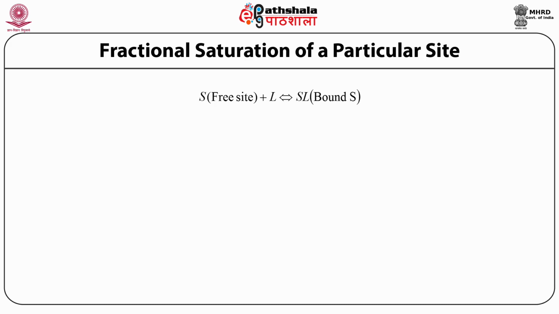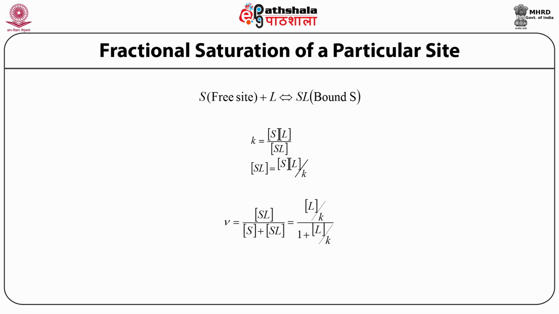SL is simply bound S. In that case, the microscopic constant K is given by S times L divided by SL, and so SL is given by S times L by K.